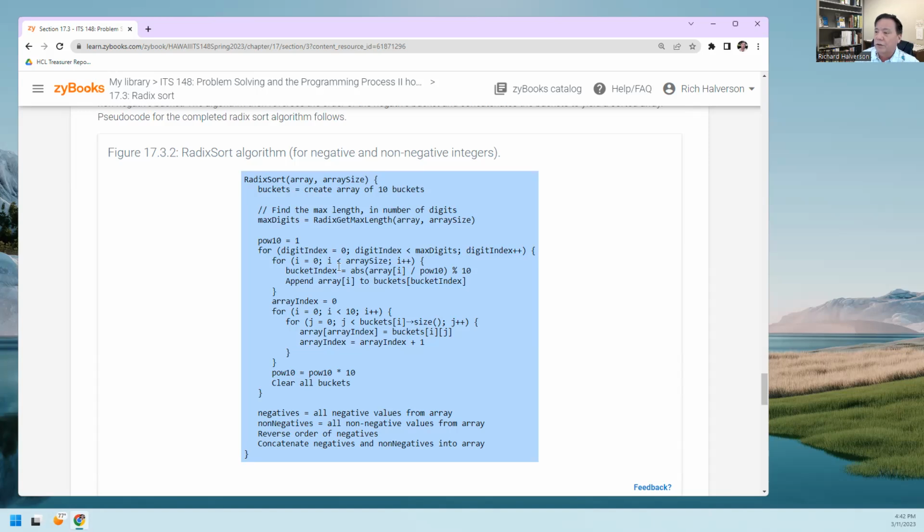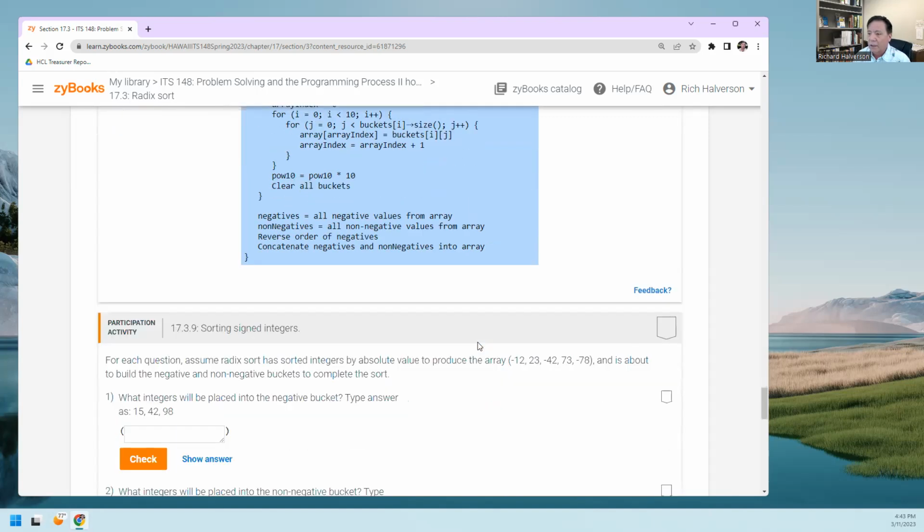You're just looking at the integer itself, 0 through 9. Then you collect together all the negatives and all the non-negatives, reverse the negatives, and attach the two arrays together. The negatives go first, and then the non-negatives go second.